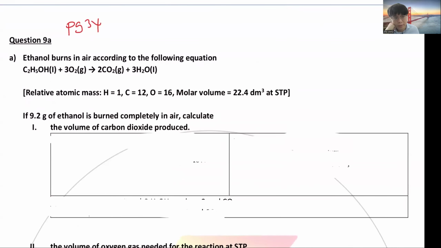So for this type of question, they give you, let's say you need to write the chemical equation. Okay, no question on this. Then they give you 9.2 gram of ethanol. Then they want you to find out the volume of carbon dioxide gas.